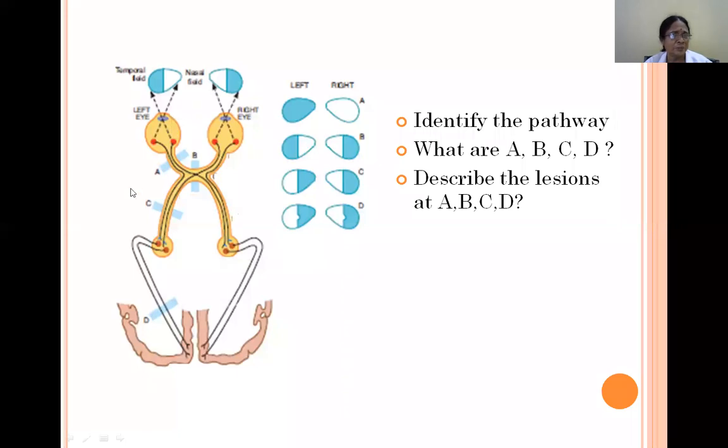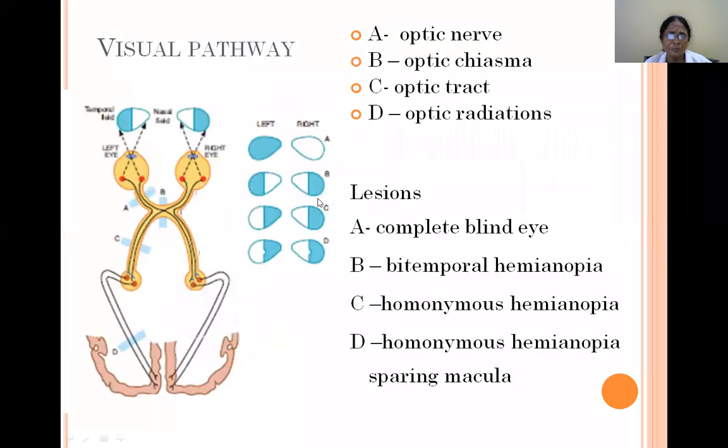It's a complete cut, blindness. And suppose it's cut here, you follow this picture. You will easily understand. Bitemporal hemianopia, homonymous hemianopia, okay? There's nothing much difficulty about this. Here: optic nerve, optic chiasma, optic tract, optic radiation.